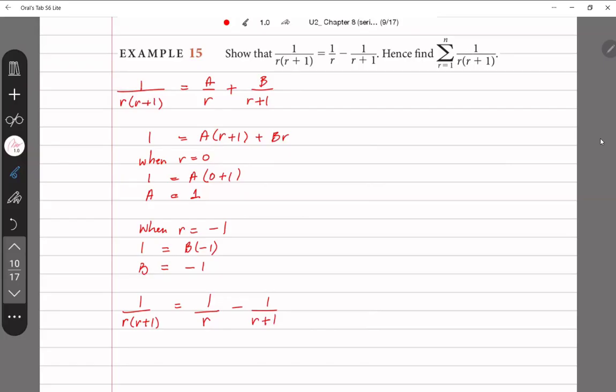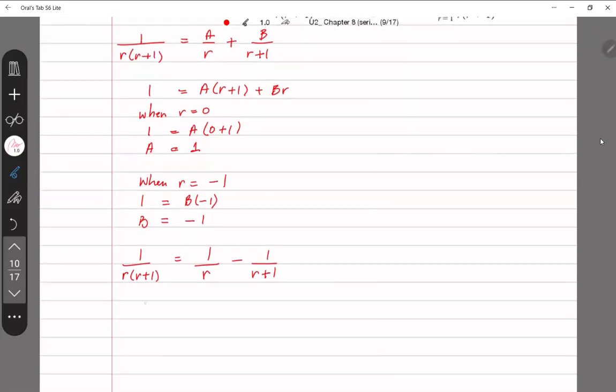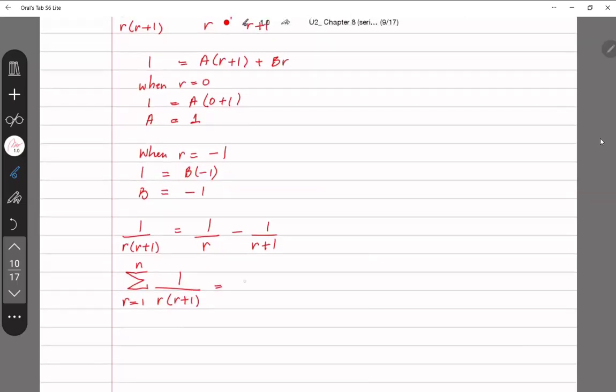Then we're asked to find the summation of the series from r equal to 1 to n of 1 over r(r+1). And this can be written as the summation from r equal to 1 to n of 1 over r minus 1 over r+1.